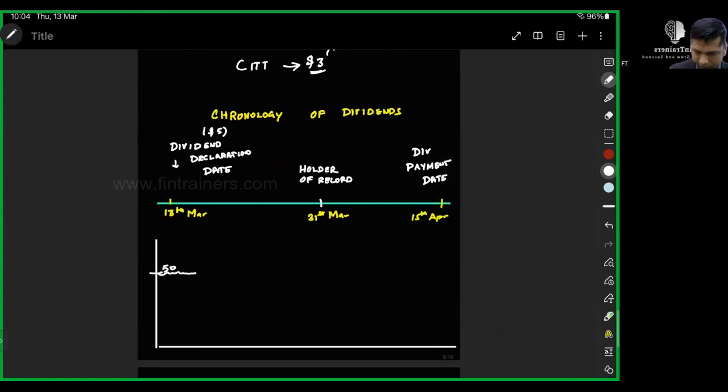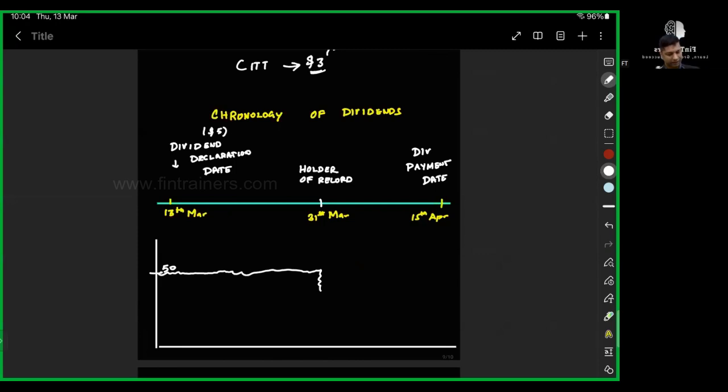So it is now trading at 50. You would think that on the holder of record date, it will come down by $5 because the dividend is paid out and that value is lost. But tell me something: is the holder of record the right date for the dividend to be removed? This is called the ex-dividend date, when the dividend is removed from the value of the share and the share starts to trading lower by the dividend value from the current market price.